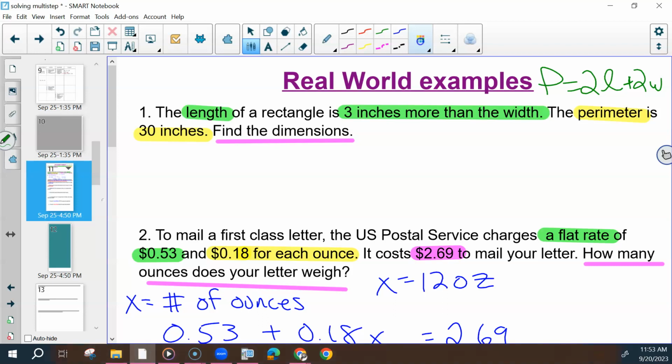You're taking the length, multiplying it by 2, because there's 2 of them, adding it to 2 times the width. Okay. So when you define your variables, you don't have to be specific with these. You do have to define both of them, because there are 2, but it'll just be length and width.